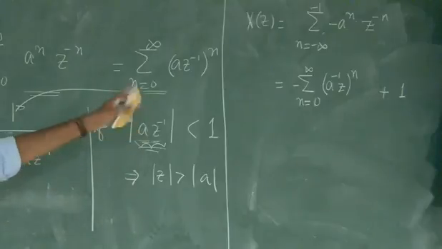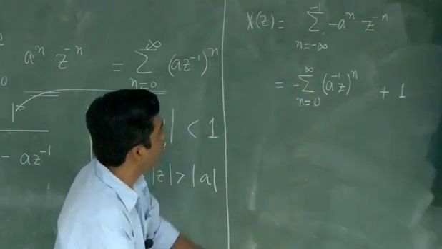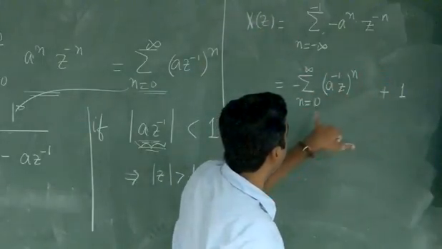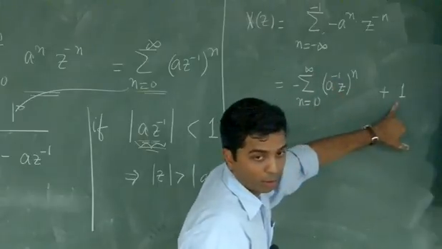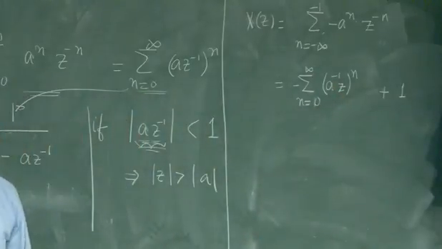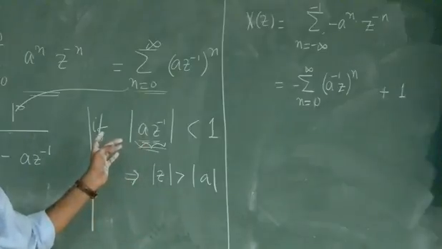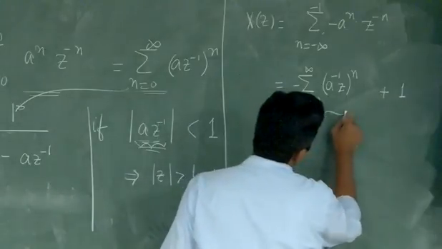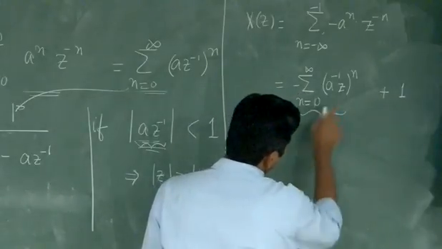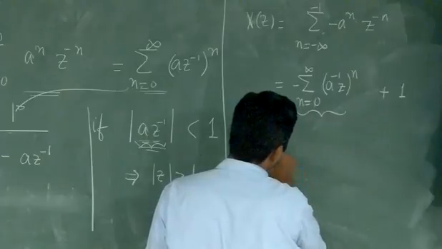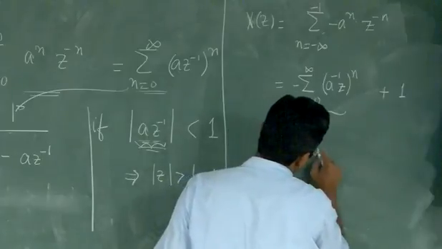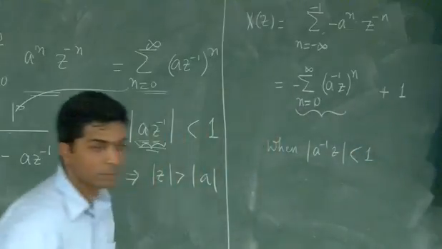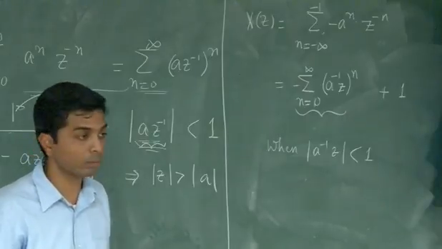I just flipped this around and changed the sign here, and then I'm going from 0 to infinity and adding 1. Is that right? Yes? Okay. So when will this summation exist?